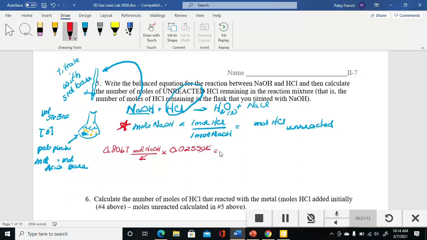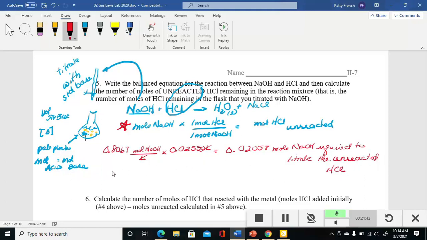This left us with 0.02057 moles of NaOH that were required to titrate the unreacted HCl.